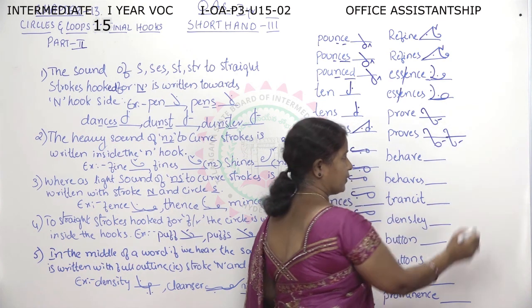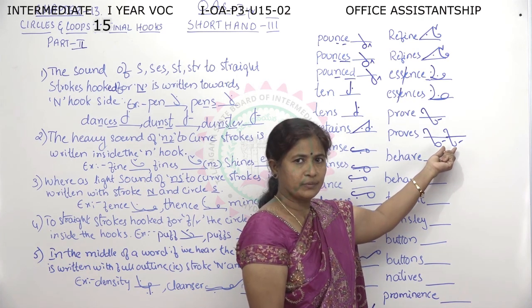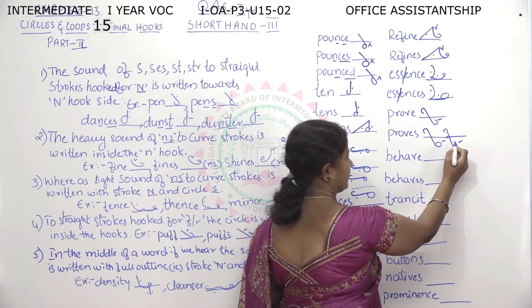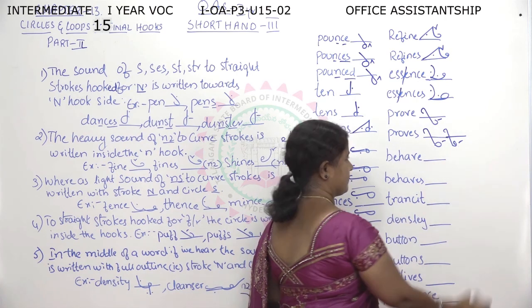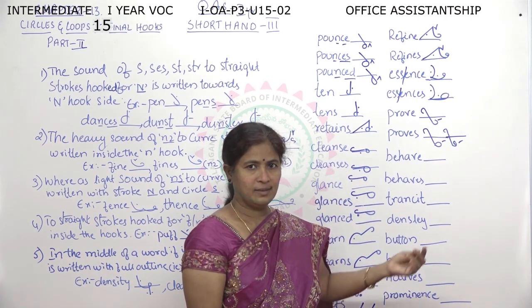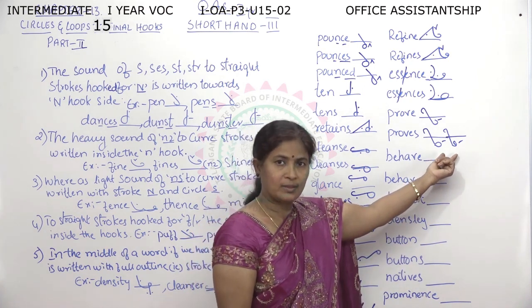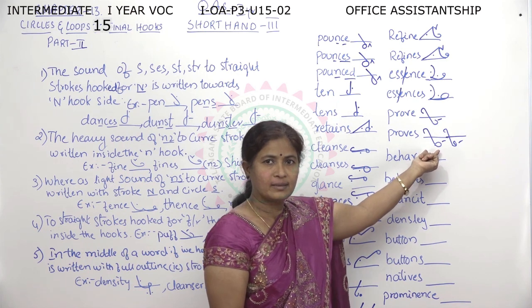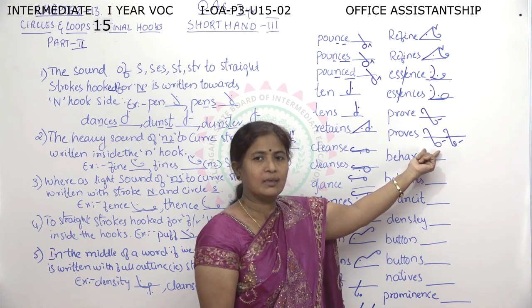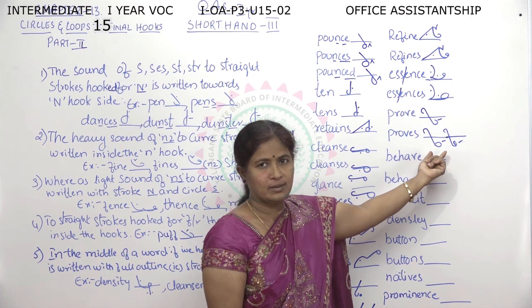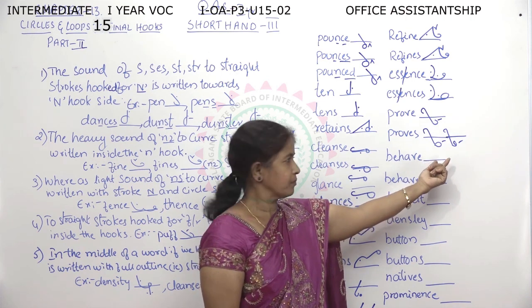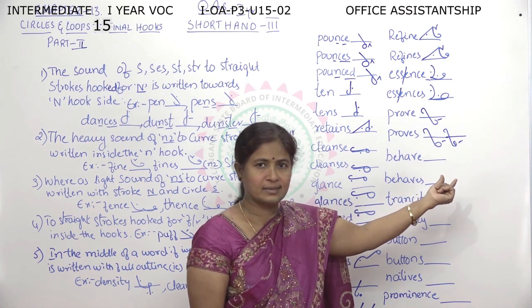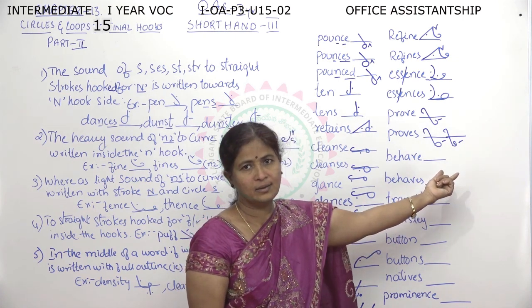This is V hook. Prove. Now write the circle inside the hook. Over proves, we can see V hook as well as the circle. If you close the circle completely, it becomes S because circle is written with left motion to all straight strokes. But whereas proves, we have to see hook, F hook and circles. So write the circles inside the hooks.